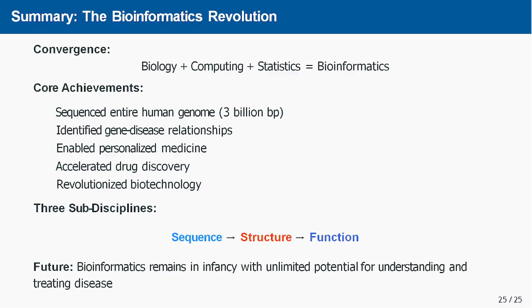So finally, we have a summary of this. Bioinformatics includes biology, computing and statistics, and we can sequence the entire human genome through bioinformatics. We can identify gene-disease relationships, develop personalized medicine by understanding them, go for accelerated drug discovery, and revolutionize the biotechnology field.